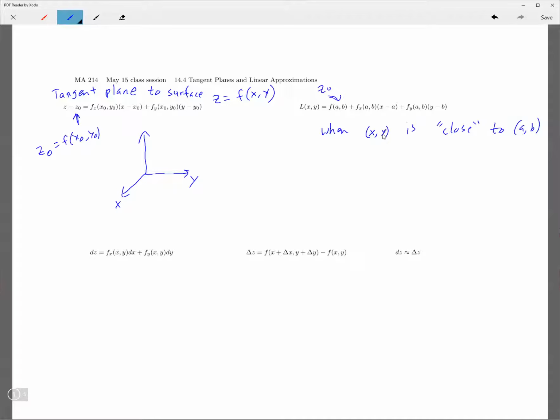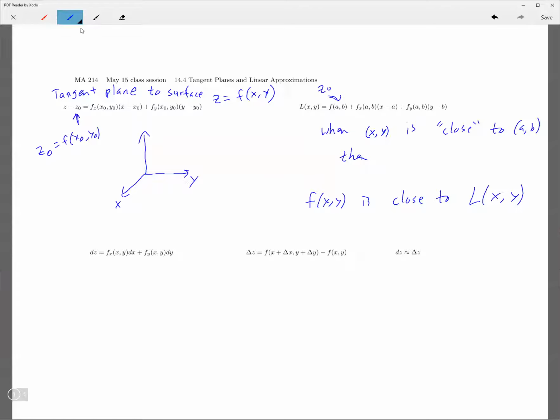So this is a, b. When x, y is a point that's close to that, then f of x, y is close to the linearization, okay? So that's just the tangent plane, basically. The points on the tangent plane, and this is comparing it with f. So they're going to be close when you're close to the point where you take the tangent plane.